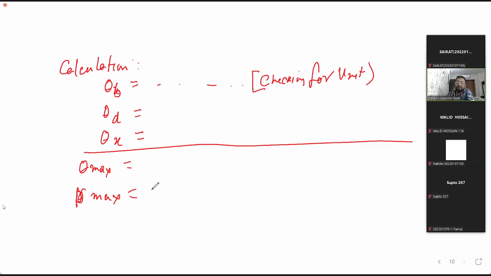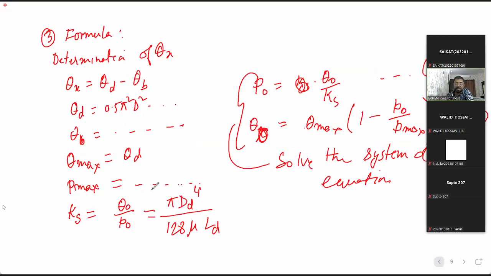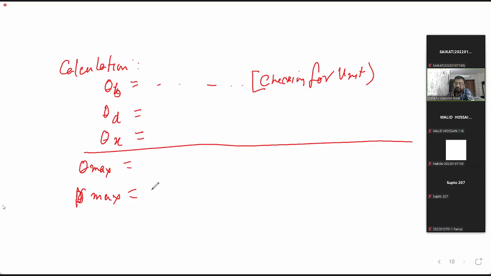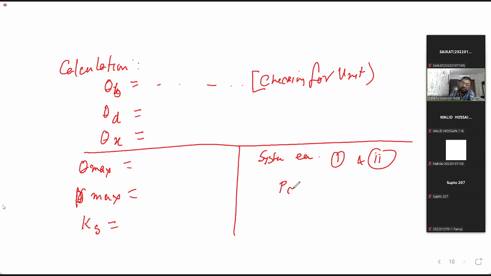After calculating the Q maximum and P maximum, what do we have to calculate? Ks. We shall calculate the Ks. After that, we are going to solve the system of equations, equations 1 and 2, by putting the values of Q maximum, P maximum, and Ks, and we shall get the P0 and Q0.